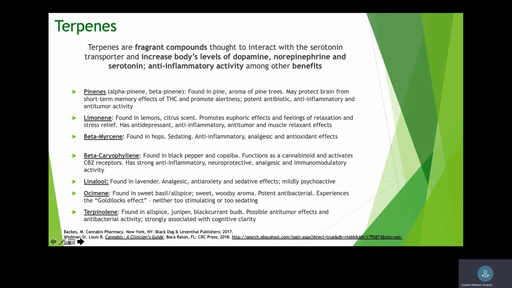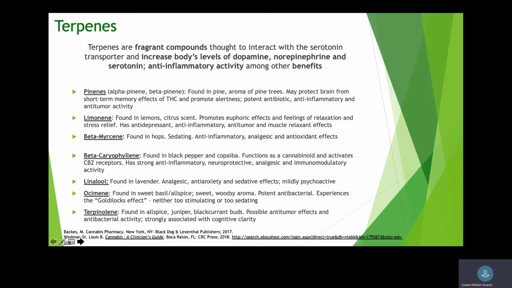Another component of cannabis, and an important component, is terpenes. Cannabis produces more than 200 terpenes, but only around 30 in significant quantities. These components are pharmacologically active and they work synergistically with cannabinoids. One thing you may hear in the world of cannabis is something called the entourage effect.